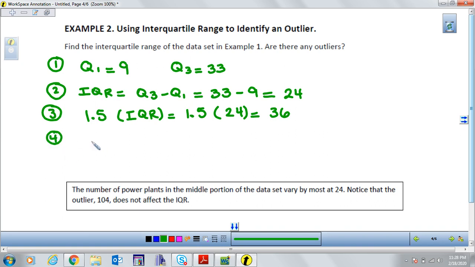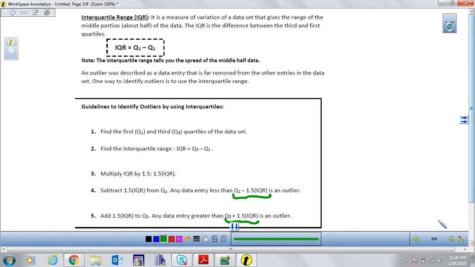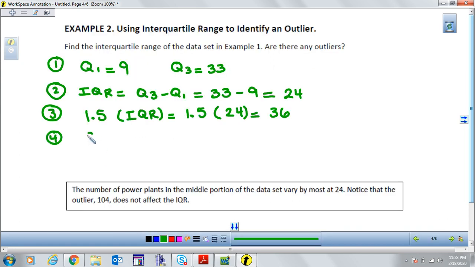So step 4 says you're going to consider as an outlier any value that is less than this formula. So let me copy that formula here. Q1 minus 1.5 times the IQR. This multiplication of the 1.5 times the IQR you already did in step 3, which was 36. So basically 9 plus the 36, right? The 9 being the Q1 and the 36 is the multiplication of these two things.